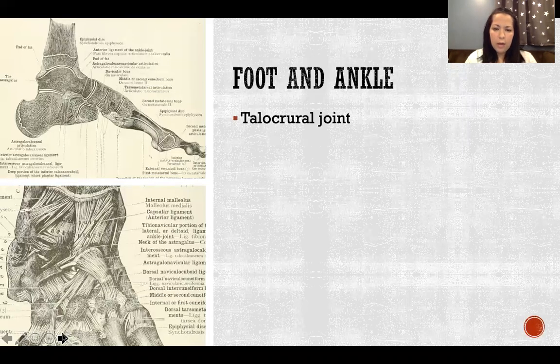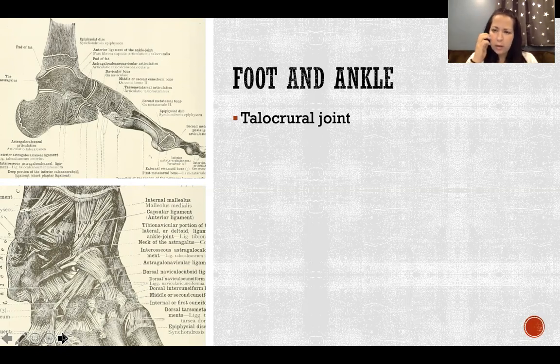Okay, the foot and ankle. Again, this is another joint complex made up of three joints, two of which are synovial and one is fibrous. So the talocrural joint is the articulation between talus and the bones of the crural region. So if you think back to your anatomy class, you might have covered anatomical regions.